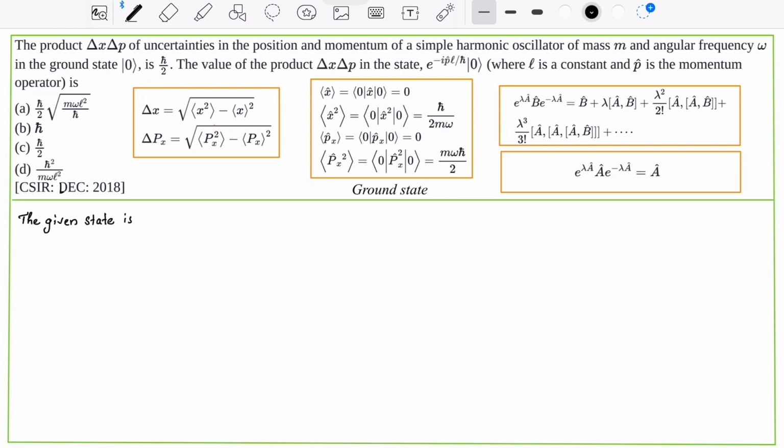The given state is |ψ⟩ = e^(-ipxL/ħ)|0⟩. Therefore, we can write ⟨ψ| = ⟨0|e^(ipxL/ħ).